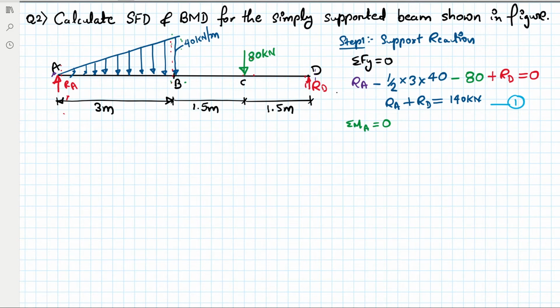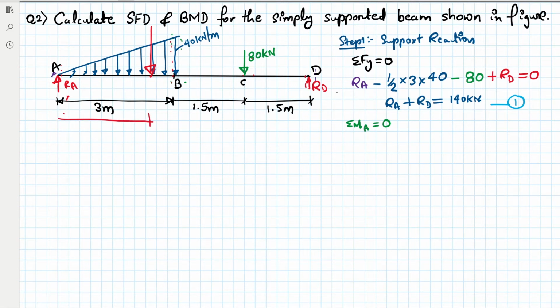If I am taking moment about A, then the triangular load is going to rotate about point A, then the 80 kilonewton is also going to rotate about A, and RD at D is also going to rotate about A, but RA, which is acting exactly on A, has no contribution. So if I convert that triangular load into a point load, it is going to act somewhere here.